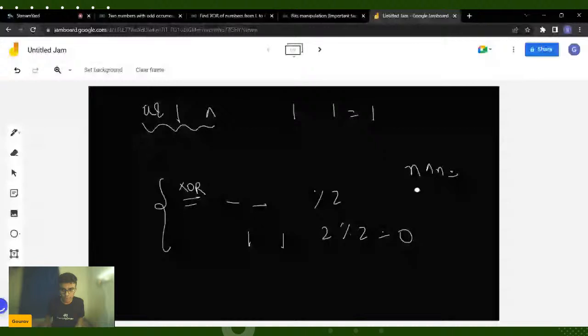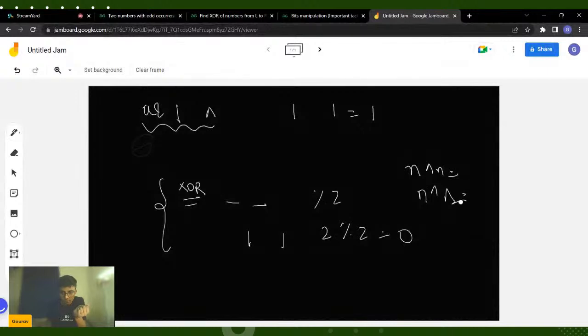Yes. And tell me what will happen if I try to XOR a number with 1. So given a number n, I'm trying to XOR it with 1. So what will happen? Yes, the answer will be 1 in this case.